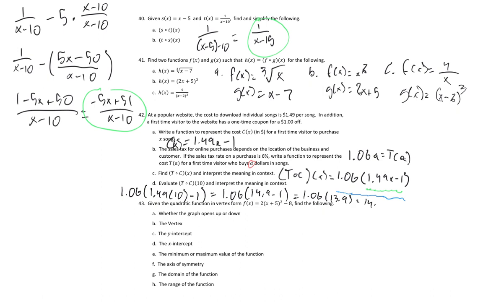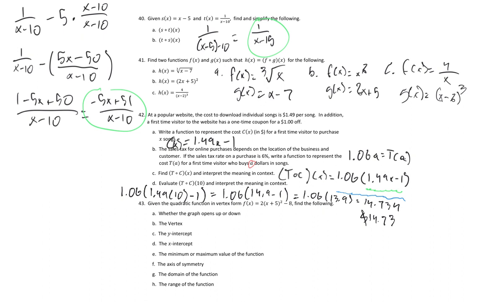This is 14.734. But since this is an amount in dollars, we'll have to round it. So we'll say $14.73. Okay, meaning in context. Well, this means if you buy 10 songs as a first-time visitor, then you're going to be paying $14.73.